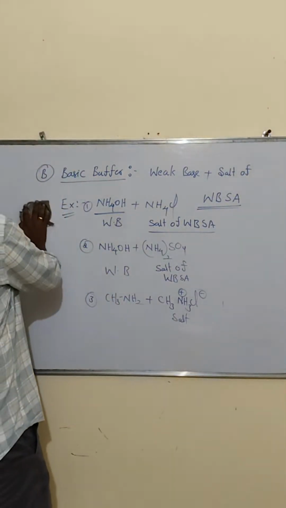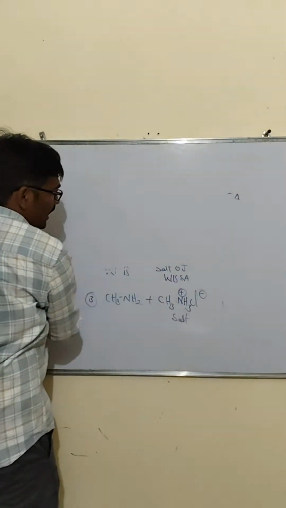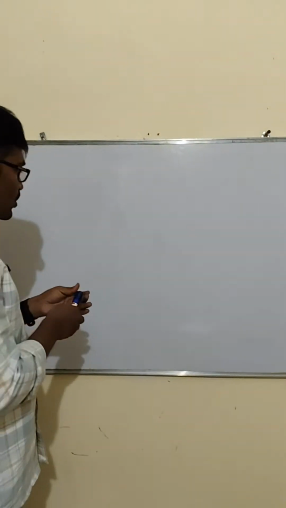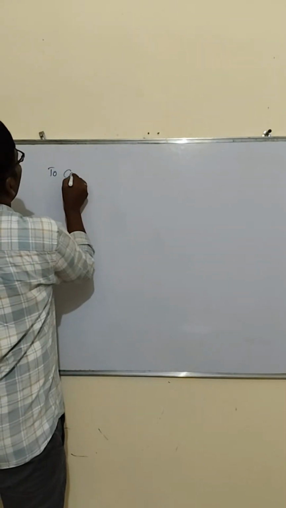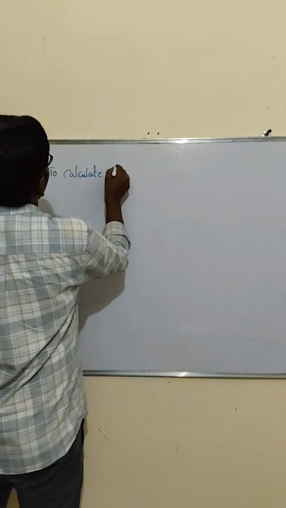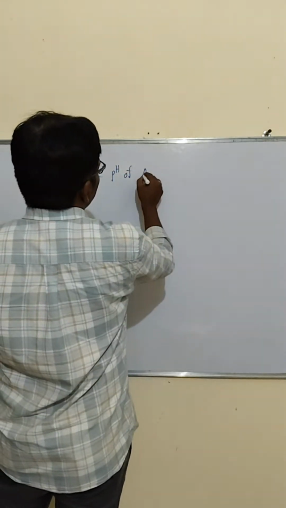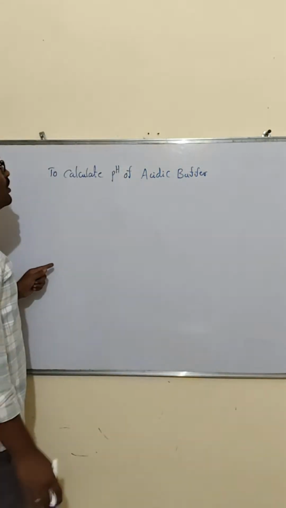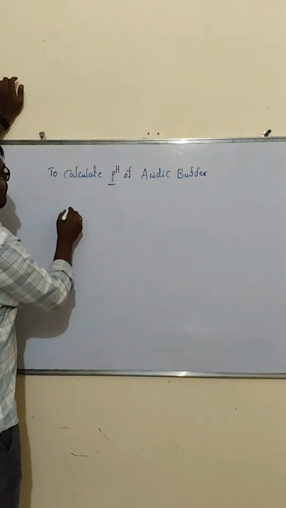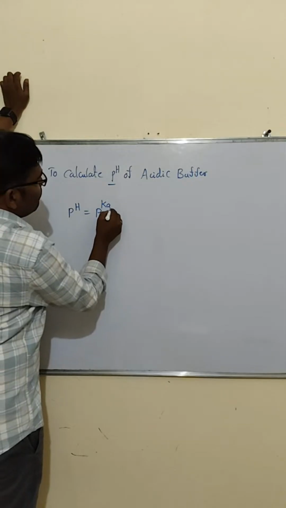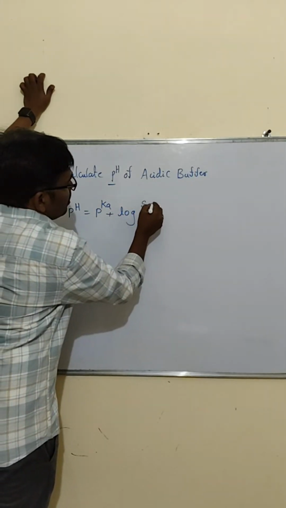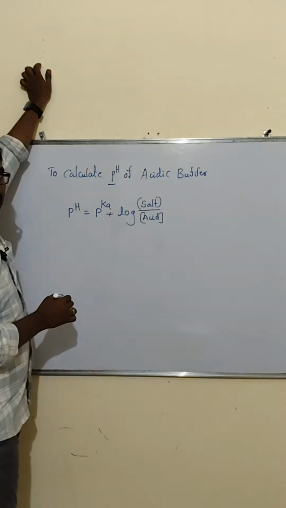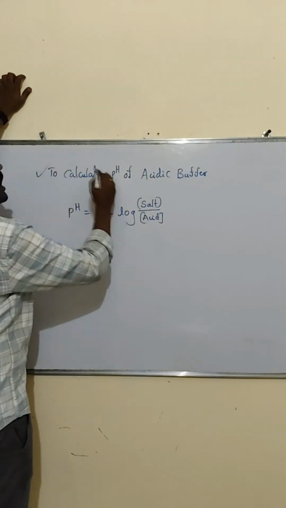Before going to that, to calculate the pH of an acidic buffer, what is the formula? pH equals pKa plus log of salt concentration divided by acid concentration. This is for acidic buffer.